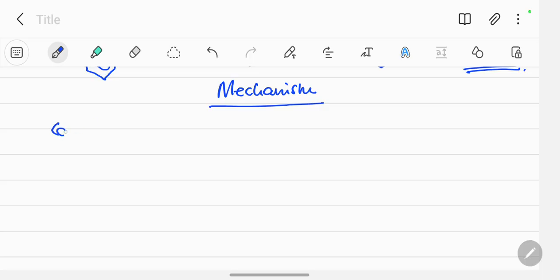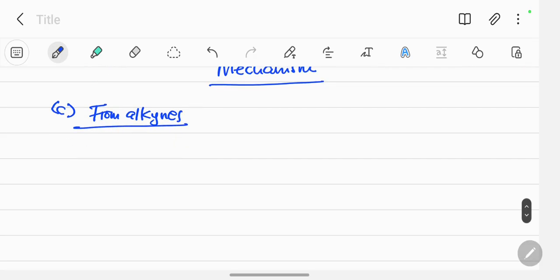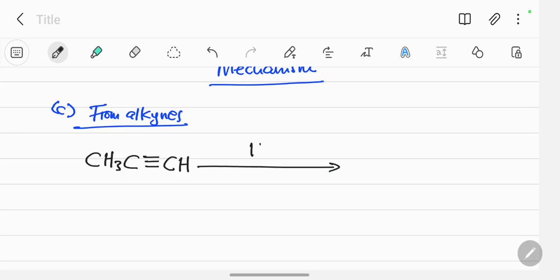An example of an alkyne we have here is CH3C≡CH, adding hydrogen and Lindlar catalyst.